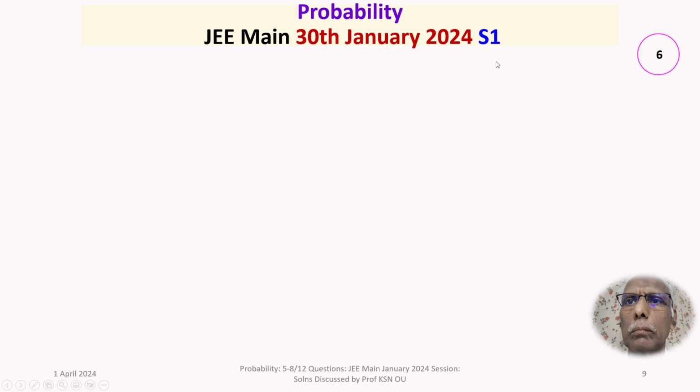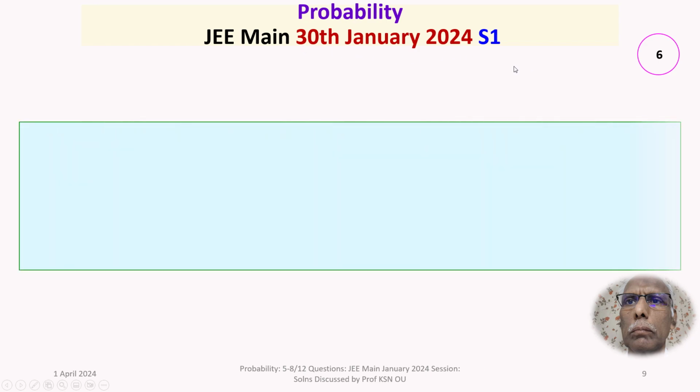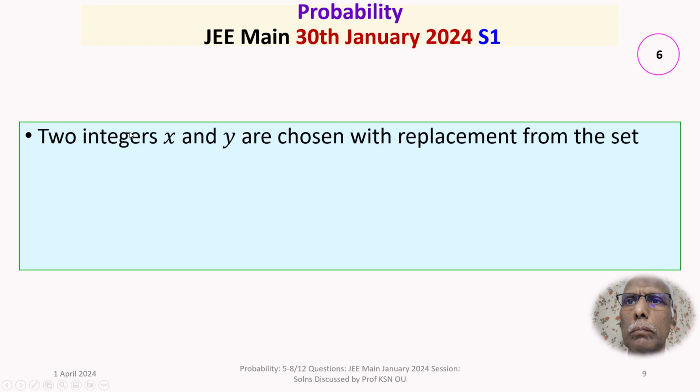Question number 6. This question has appeared in the JEE Main exam held on 30th January 2024 in the first shift. The given question is: 2 integers x and y are drawn or chosen with replacement, note down, with replacement from the set consisting of the non-negative integers 0, 1, 2, 3 up to 10.